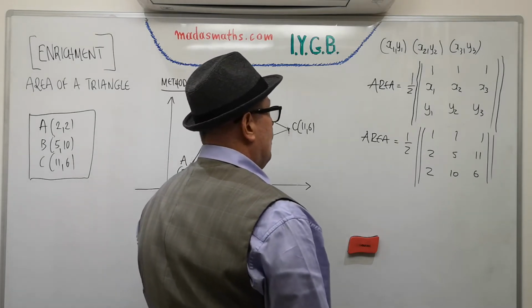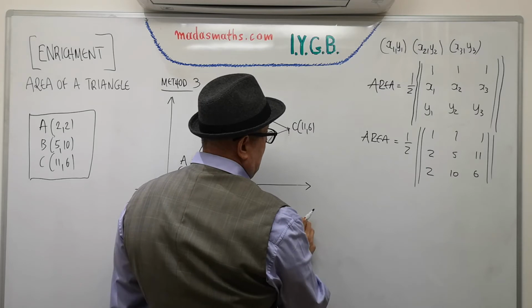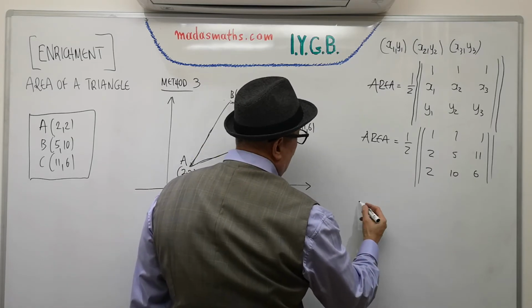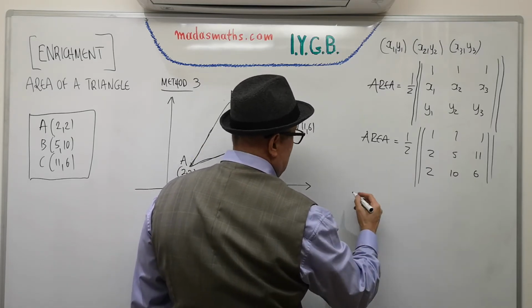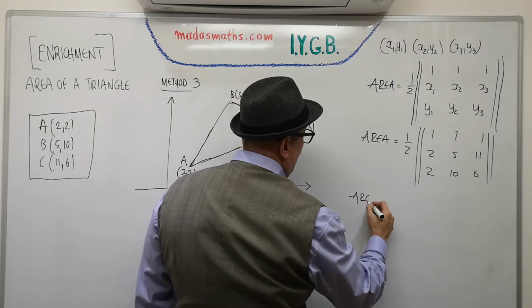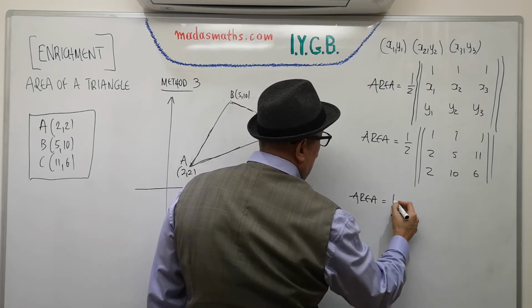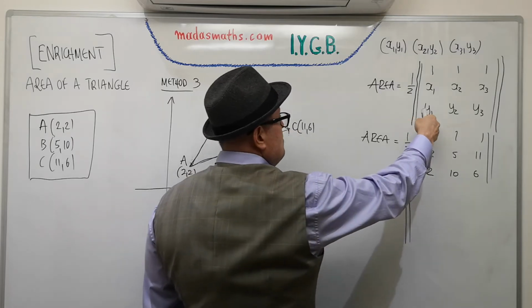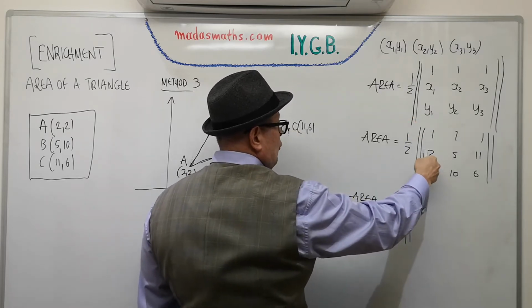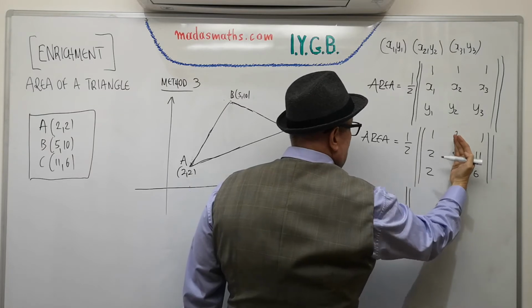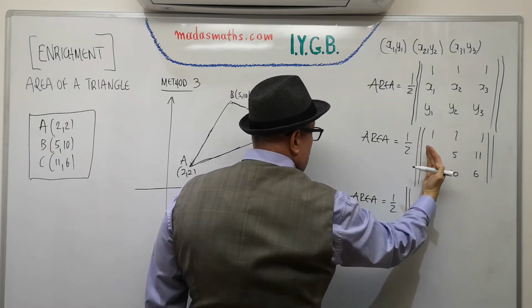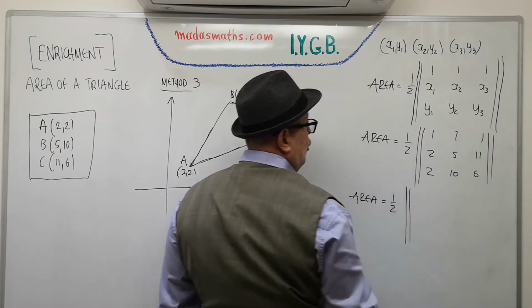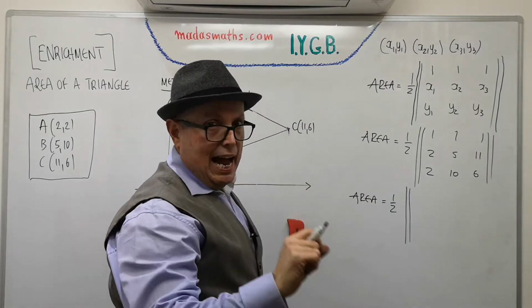So I'm going to use a property of determinants, which is known as column or row operations. They're not the same thing. I can use column or row operations. Here I'm going to use column operations. So I'm going to multiply this column by -1 and add it to this column, and I'm going to multiply this column by -1 and add it to this column. This leaves the determinant unaffected.